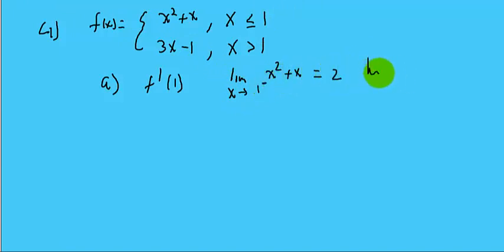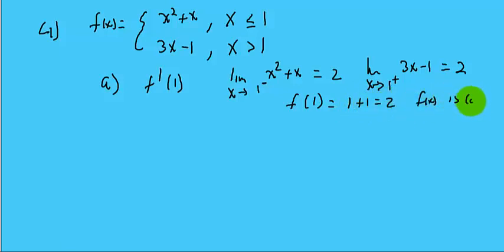Then I take the limit as x goes to 1 from the right side, where I am using 3x minus 1, which turns into 2. So far, so good. I also have to establish what is f of 1. Which one do I use for that? Top one, 1 plus 1, which is 2. So f of x is now what? Continuous at x is equal to 1.